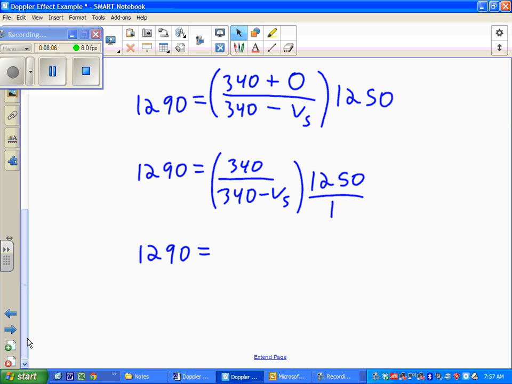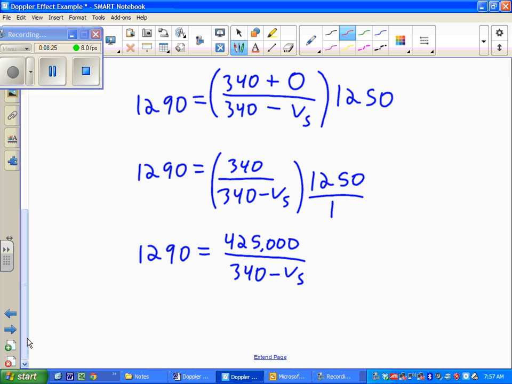And I get 340 times 1250. And I put that in a calculator, and I get 425,000 over 340 minus Vs. So once again, basically I just multiplied this times this. And I multiplied 1 times this, because that was just 1.